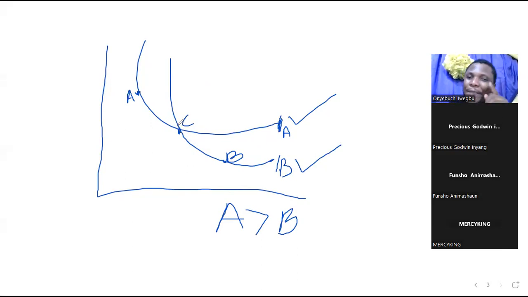Point C is on the indifference curve of A and also on the indifference curve of B.